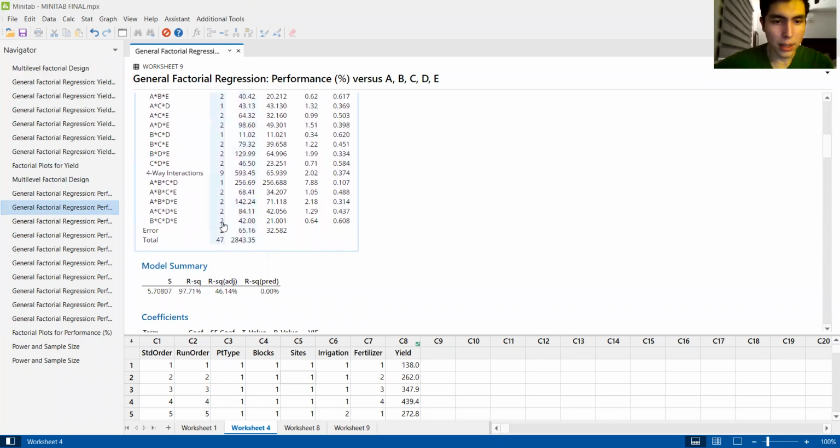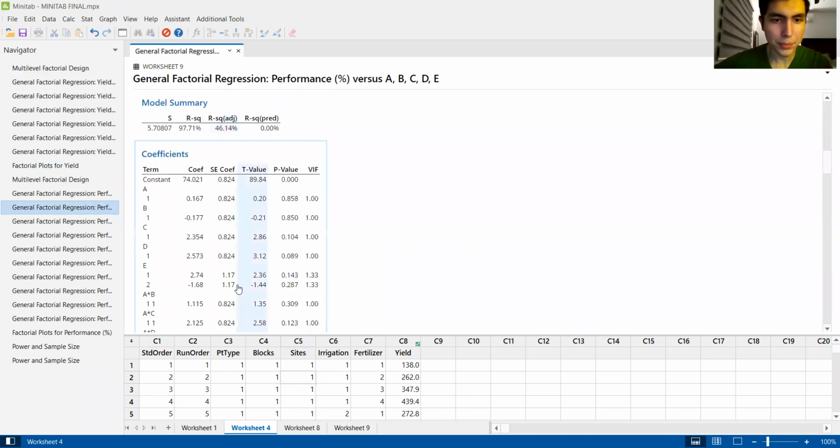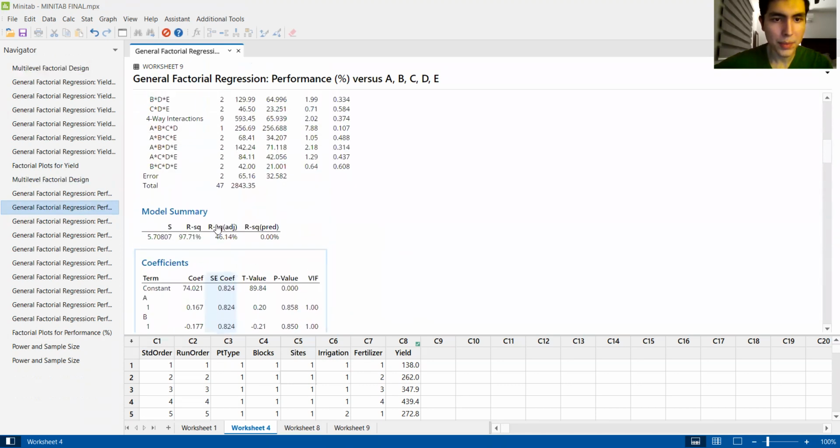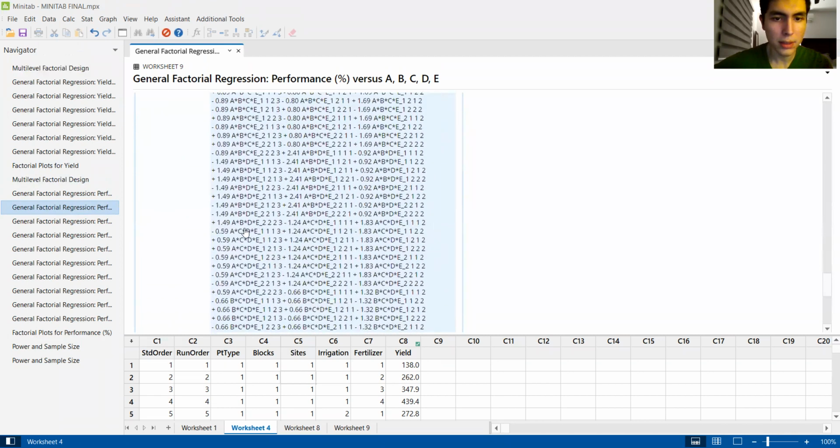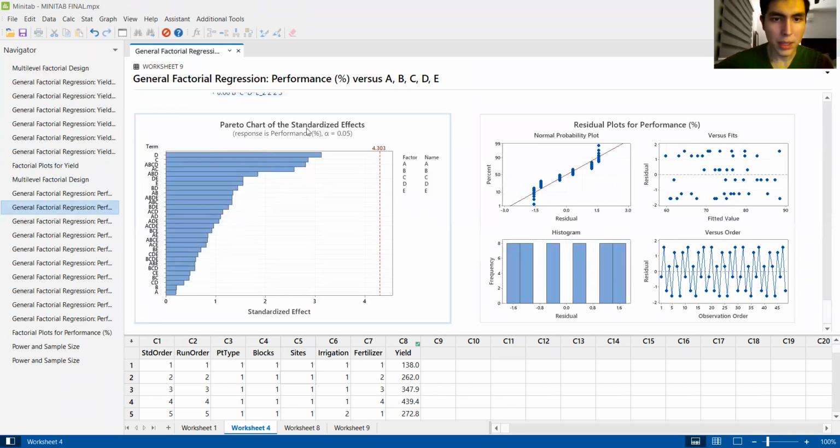And we can see that we have an R square of 97.71% and 46.14%. Here are the coefficients as well as the regression equation made out of the coefficients. Here we have the Pareto chart and the normal probability plot, which has a weird shape that does not indicate at all that it is following a normal distribution.